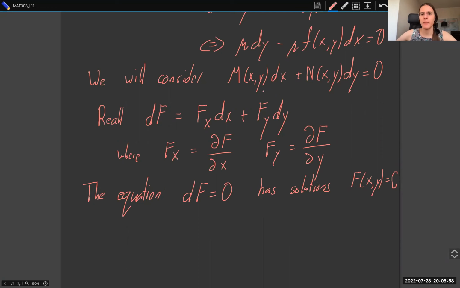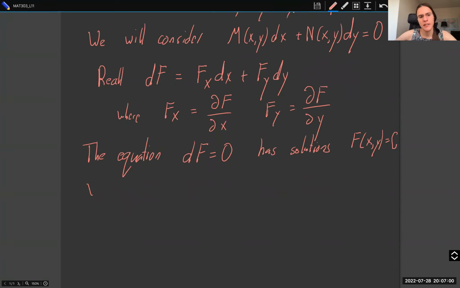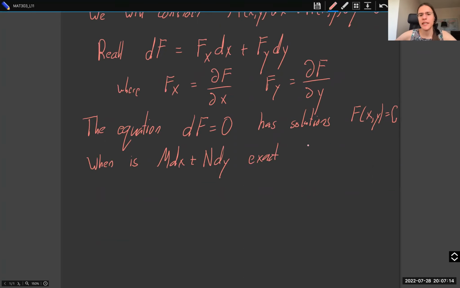Now when is m dx plus n dy exact, assuming that this is defined on this rectangle?